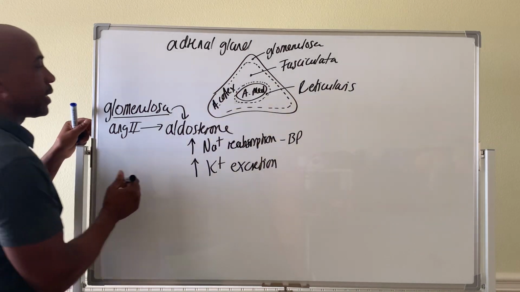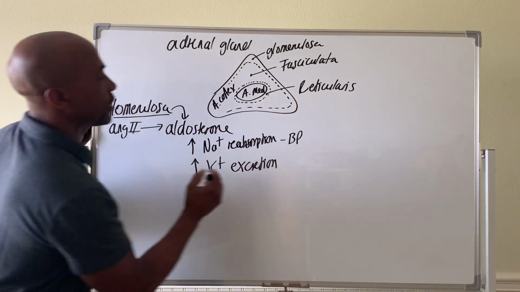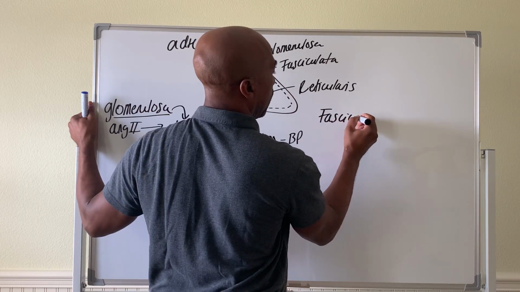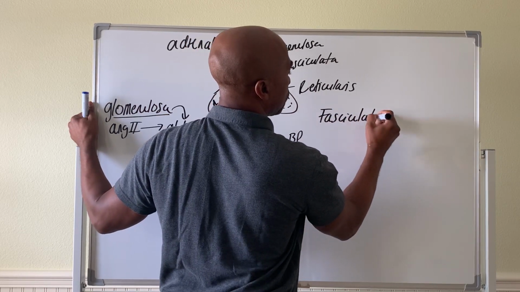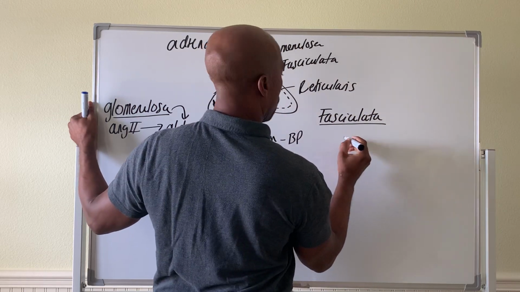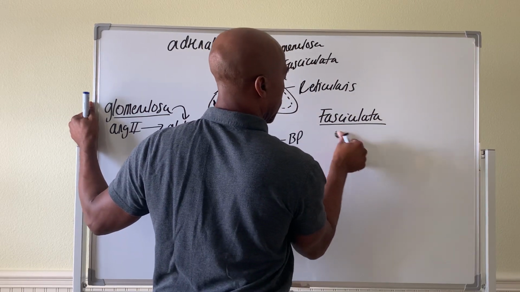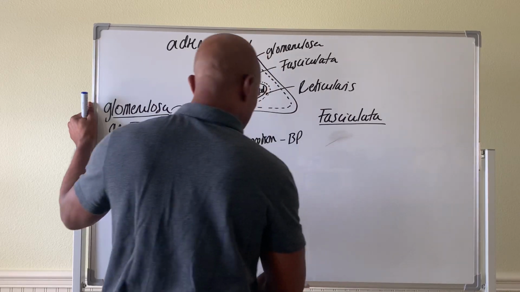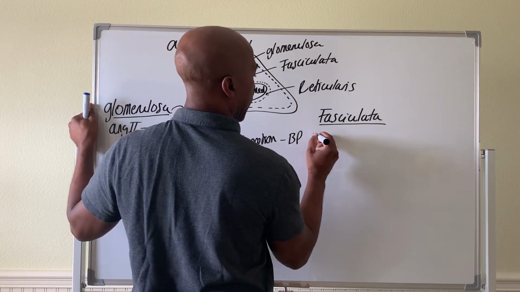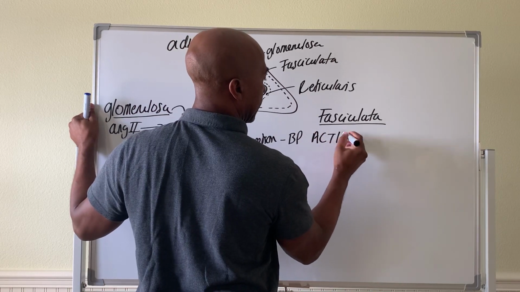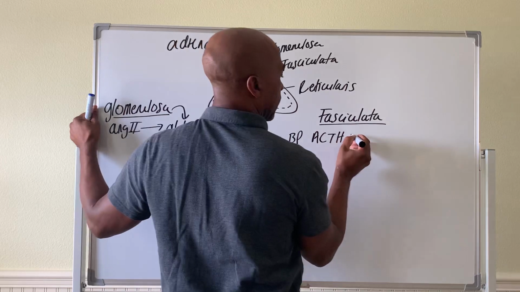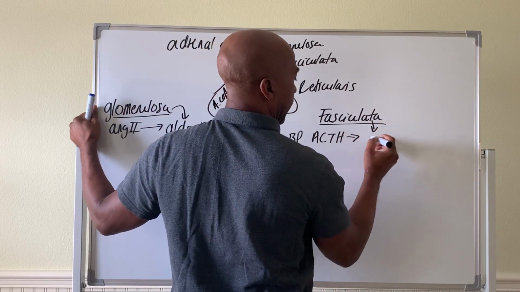Then your zona fasciculata. That zone makes your cortisol. In response to ACTH from the anterior pituitary, this zone will make cortisol.